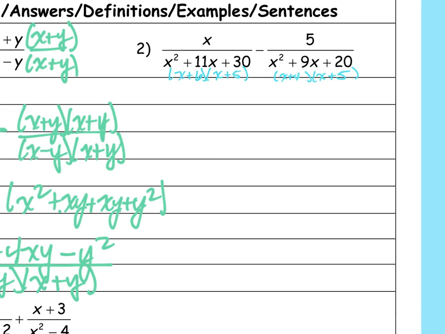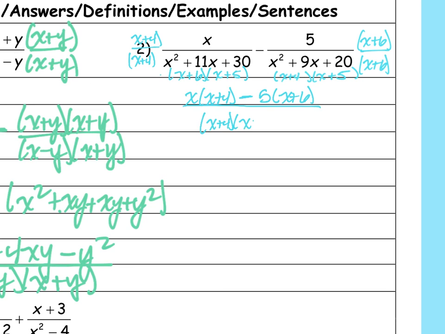Okay. So what does this side need that this one has? Well, it needs an x plus 4. And what does this side need? It needs an x plus 6. Okay. So then if I rewrite it, I get x times x plus 4 minus 5 times x plus 6 all over my common denominator, which is now x plus 4 times x plus 6 times x plus 5.